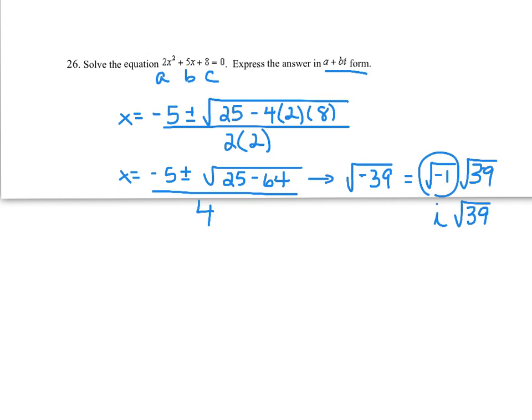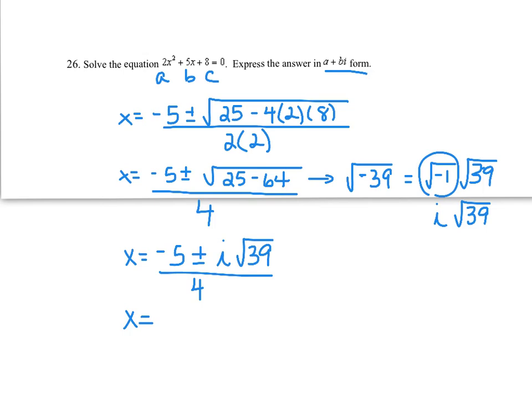So let's go back over here. So I have negative 5 plus or minus i times the square root of 39, and that whole thing is over 4. All right, now the question does say to express the answers in a plus bi form, so we do want to separate this. So remember that that 4 is really the denominator for the negative 5, but it's also the denominator for that i radical 39.